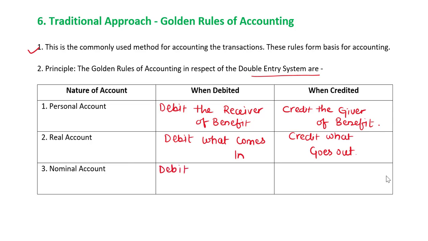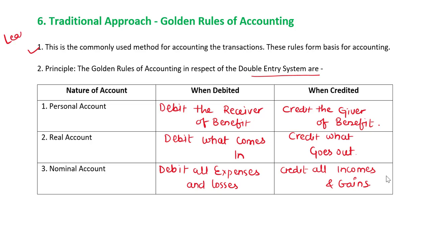Debit all expenses and losses, credit all incomes and gains. It is very crucial, so all of you must learn the golden rule of accounting. Kindly learn it: personal account, real account, nominal account, and these golden rules.